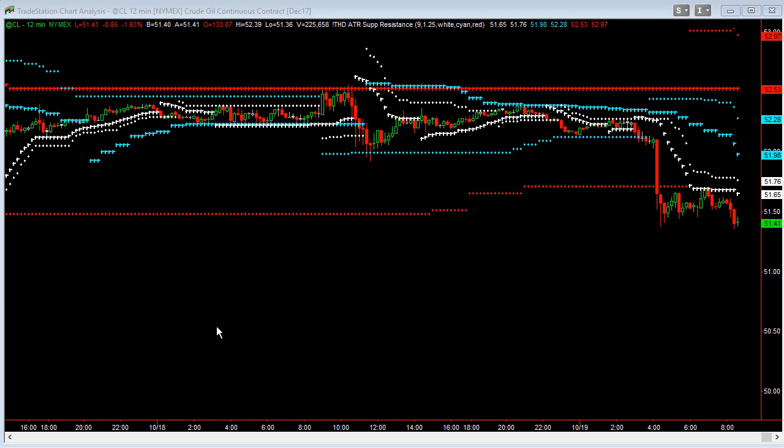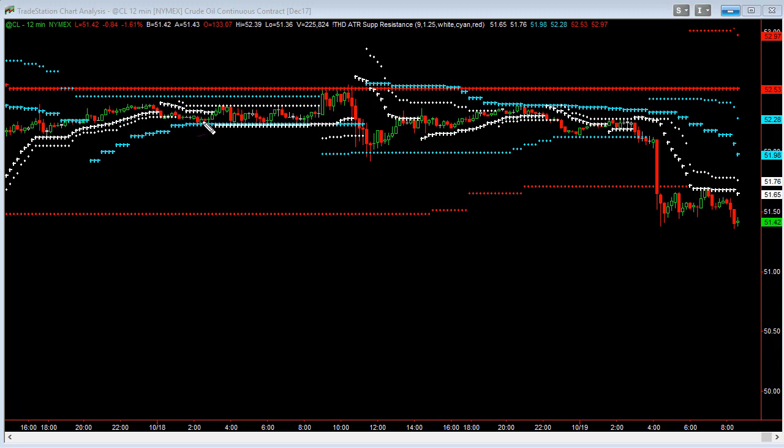Now, for those of you that read my post on the Nadex.com market news, you know that I expected crude to go down yesterday at the crude oil inventory, and the reason was because I was using this indicator. And it was actually pretty simple.